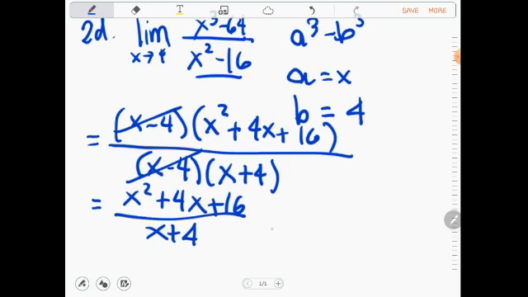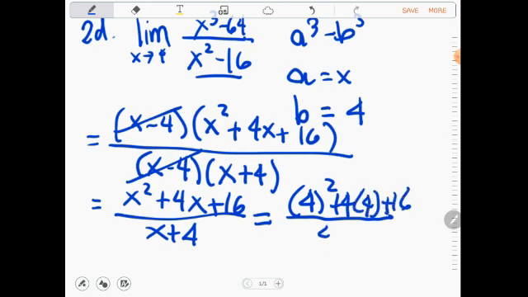Then, substitute the value of x in yung ating 4. Okay? And this will give us 4 raised to 2 plus 4 times 4 plus 16 all over 4 plus 4. And this will give us 16 plus 16 plus 16 all over 8.